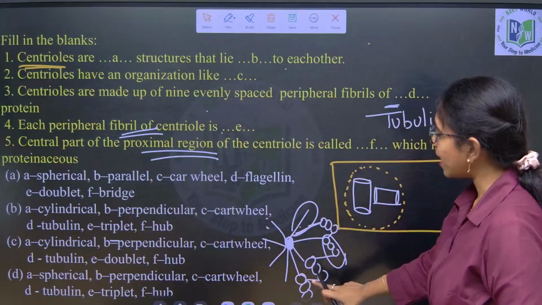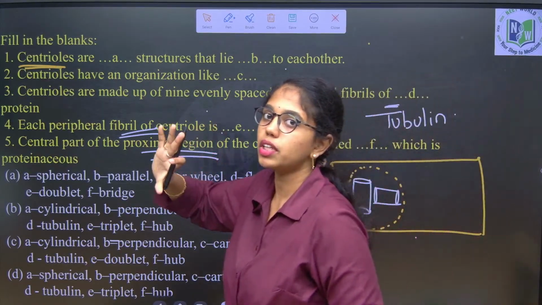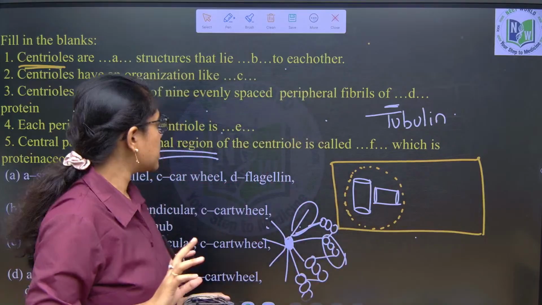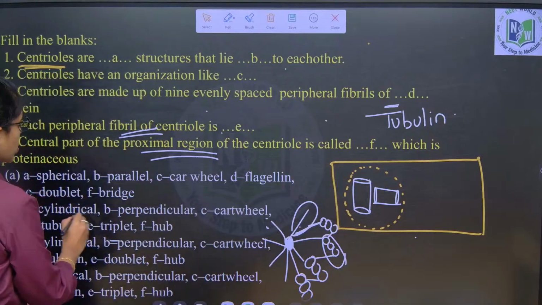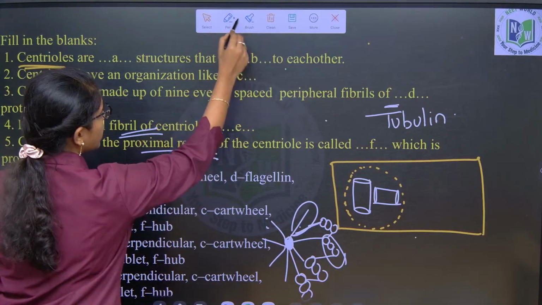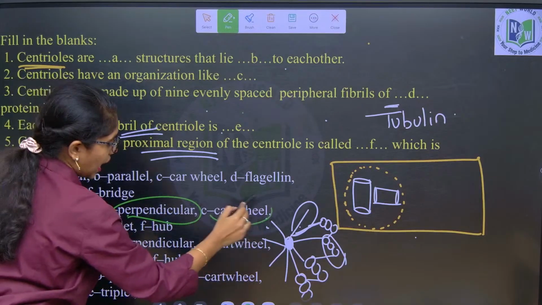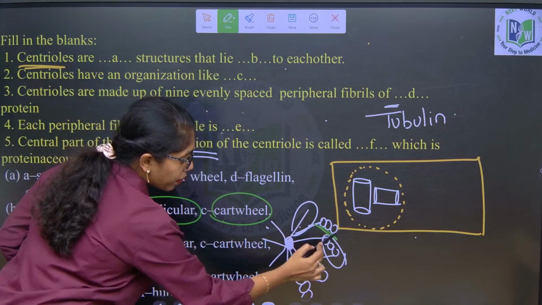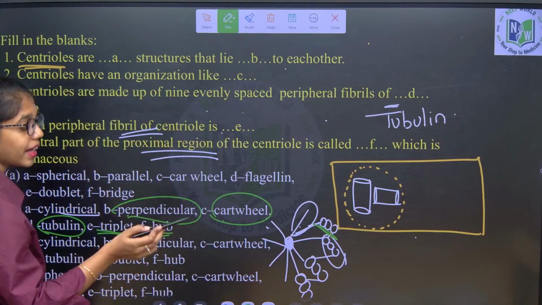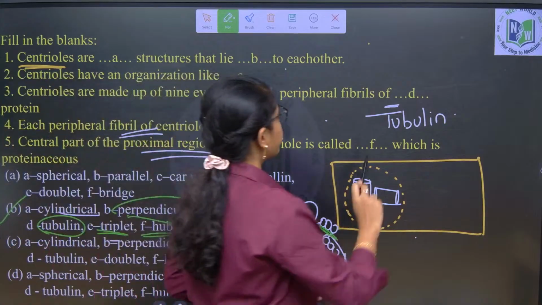If you can analyze this concept and answer this question, you will not skip any question which is coming from the concept of centriole. So it is a cylindrical structure which is perpendicular to each other, and it has cartwheel organization made up of tubulin protein and peripheral triplets are present. At the center it has proteinaceous hub. So here we are going with the option B.